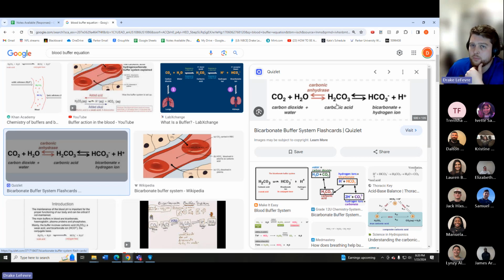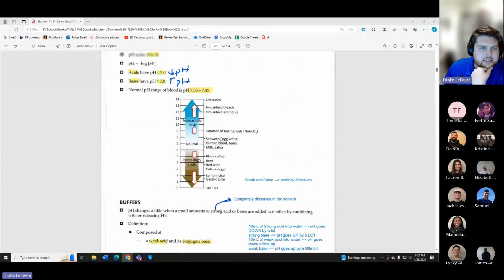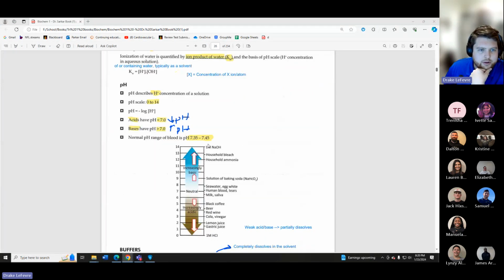Within our bodies, I think he has it here somewhere where I wrote it down. Normal pH range of blood is 7.35 to 7.45. That's extremely specific. If it goes outside of this, even by 0.01, bad stuff starts to happen.